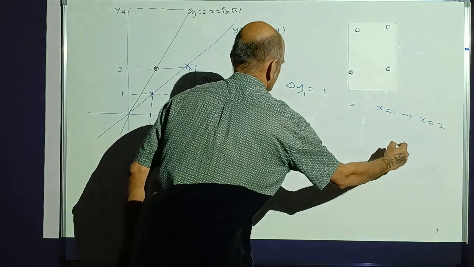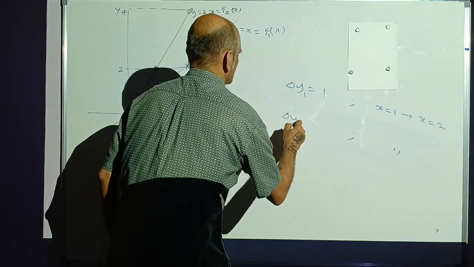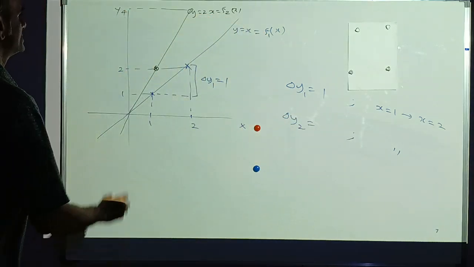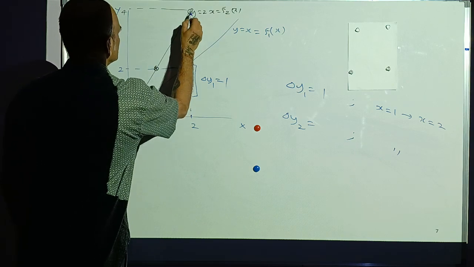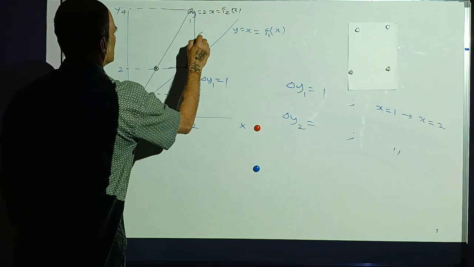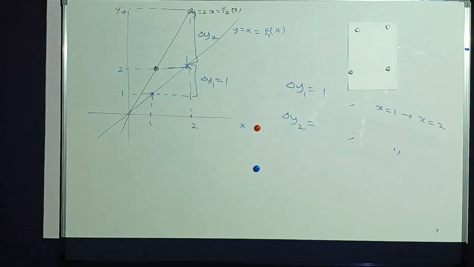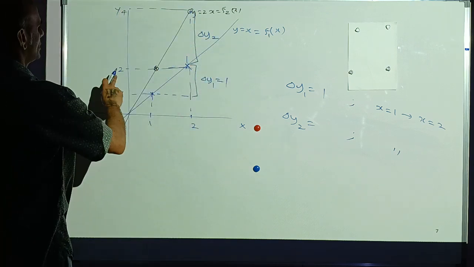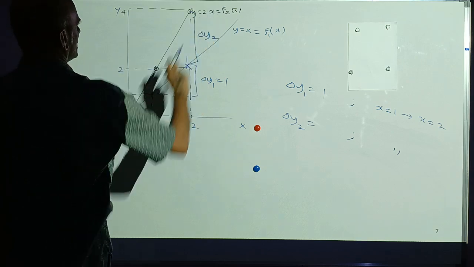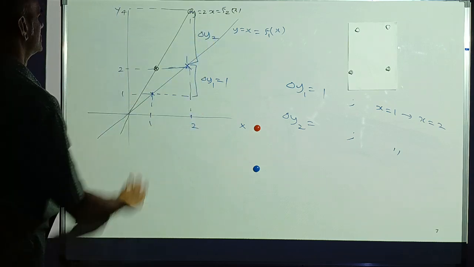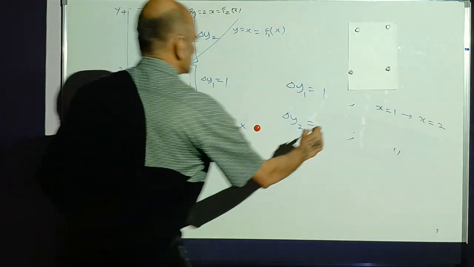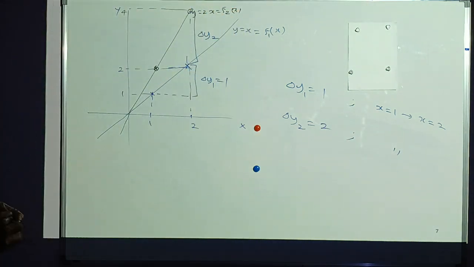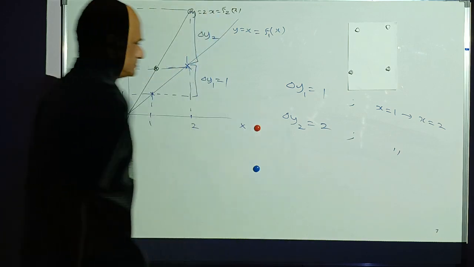For the same change of x, the corresponding change in the y value for the second function is the difference between these two, delta y2. For the second function, when x is 1, the value of y is 2, and when x is 2, the value of y is 4. So these are the 2 points, and the change in y between them is 4 minus 2, it is 2. So delta y for the two functions are different for the same delta x.